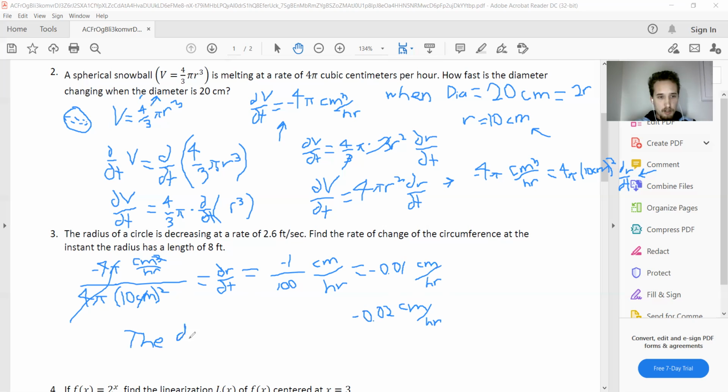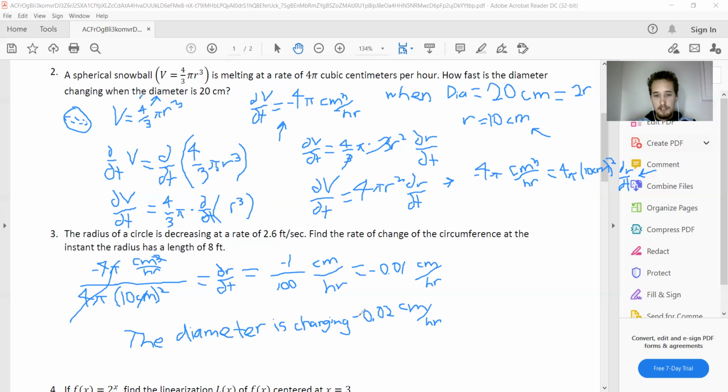The diameter is changing negative 0.02. Notice I put changing negative 0.02.